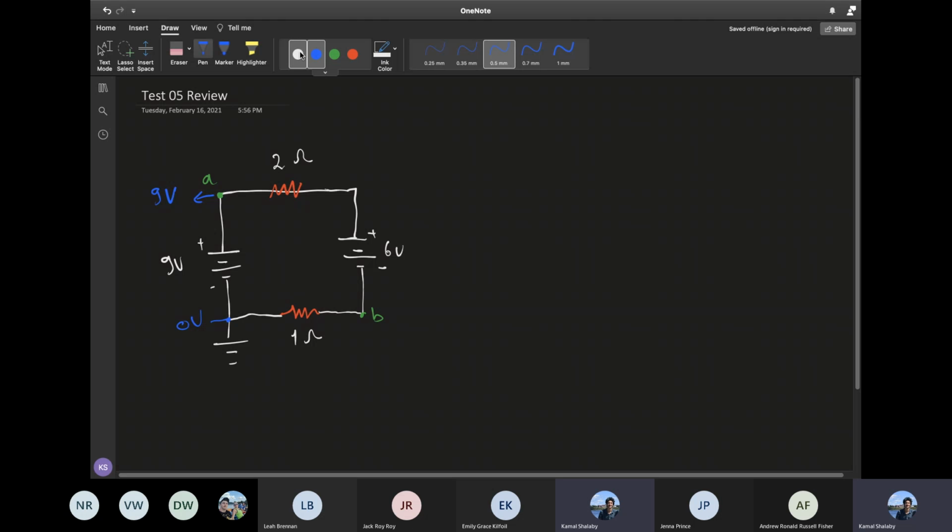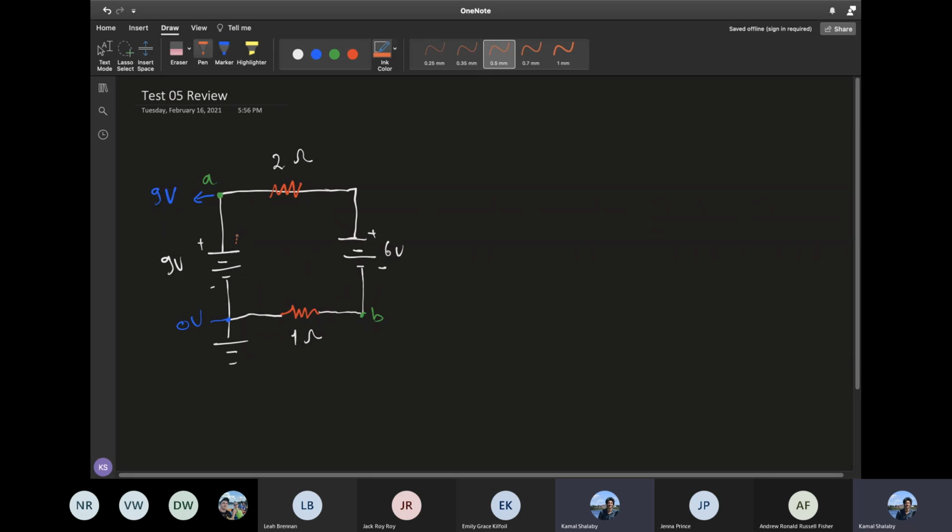To keep going in this, we first need to know what is the current running in the circuit. So you do have 2 batteries, and as you can see, they're opposing each other.